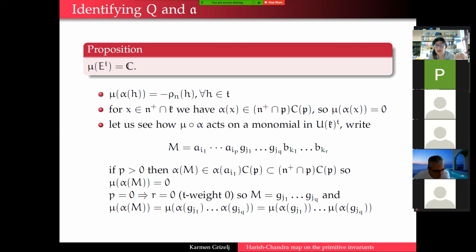But if you remember, as I was making comments about this Harish-Chandra map being a homomorphism, this part is actually inside of the kernel of mu, and that's why mu of alpha of x has to be 0.